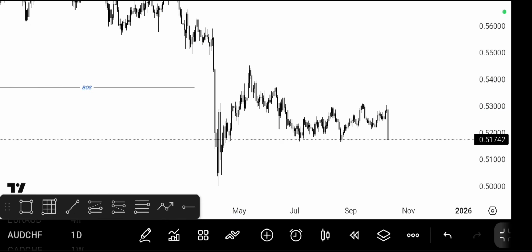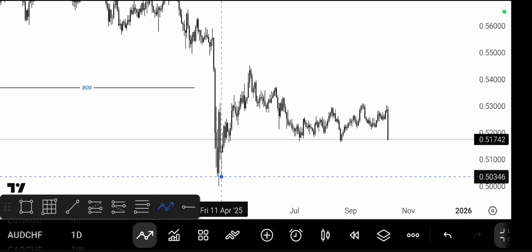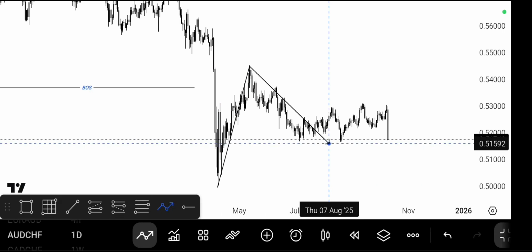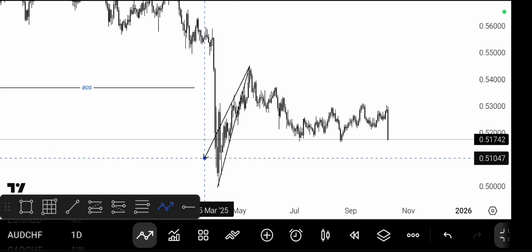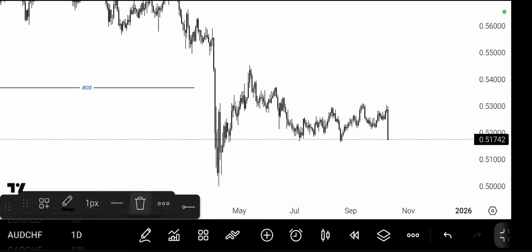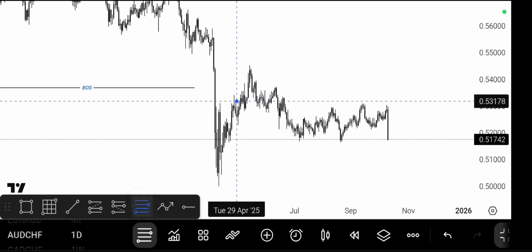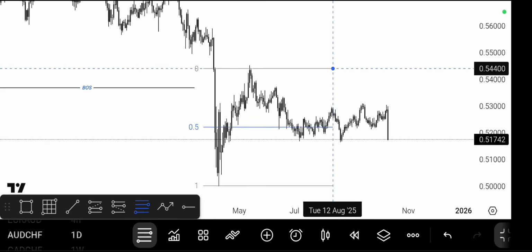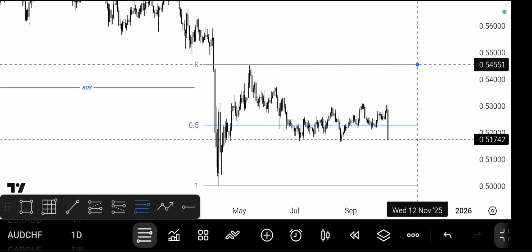So looking at the price very carefully, we found out that the market from this zone gave us a buy, then retraced. So there is an order flow that caused this buy. So we are going to look for that order flow. Using our Fibonacci retracement to determine it, we have this zone.